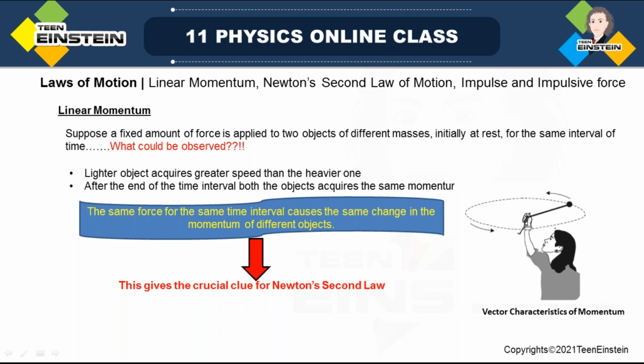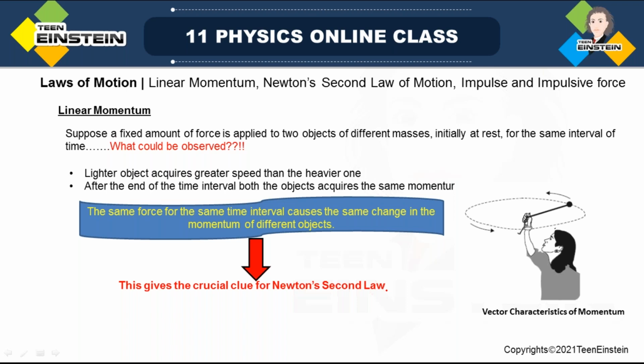So from here you get the crucial clue to Newton's second law: you have to apply greater force to stop an object with greater linear momentum.